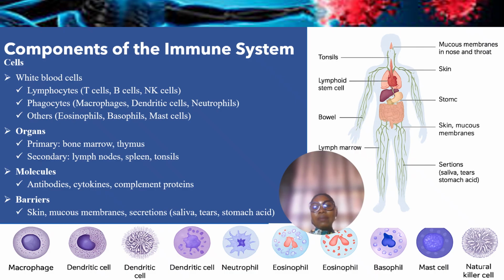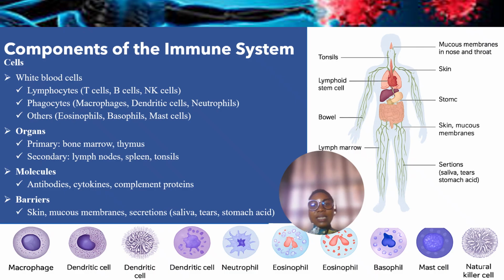Your organs are like a training camp and command center, where the bone marrow and the thymus are where the new soldiers are trained.